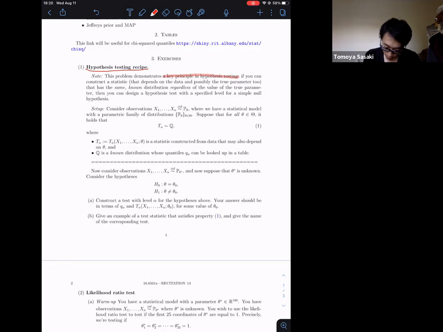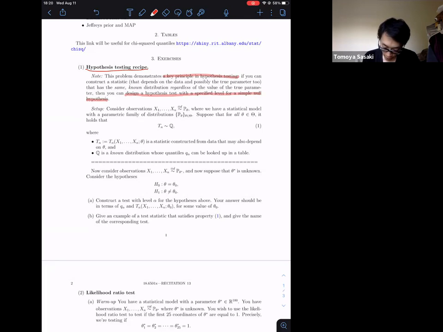So your goal here is that you design a hypothesis test with a specific level for a simple null hypothesis. We're not asking you to construct a complex hypothesis, just a simple one. As usual, the setup is very simple.